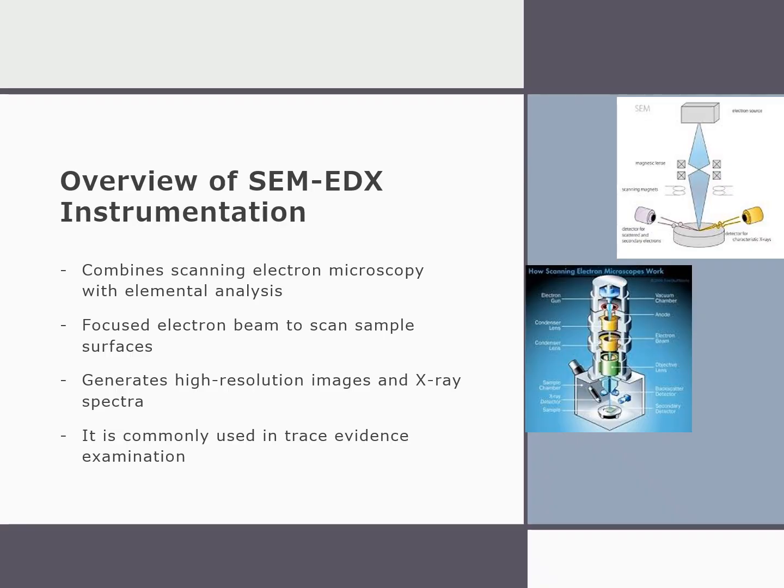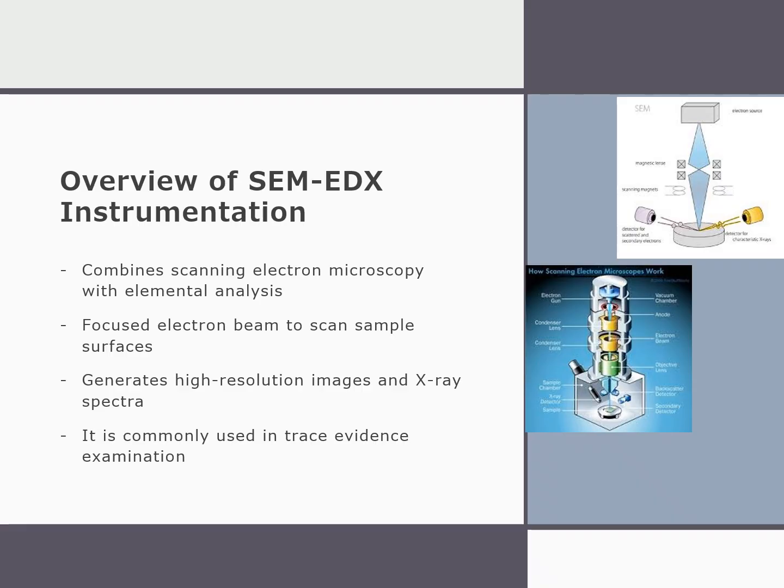At the same time, the EDX detector measures the X-rays emitted from atoms within the sample to identify which elements are present. This dual system design makes SEM-EDX especially useful in trace evidence analysis, where the size, shape, and the elemental signature of very small particles can provide crucial forensic information.